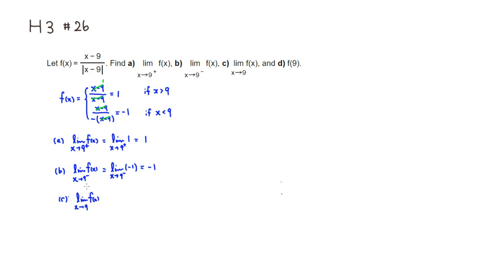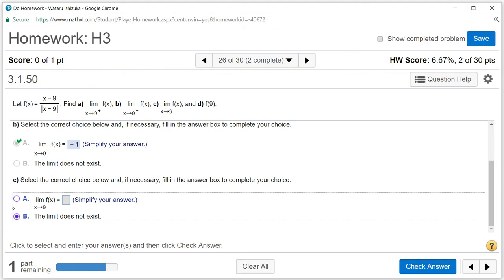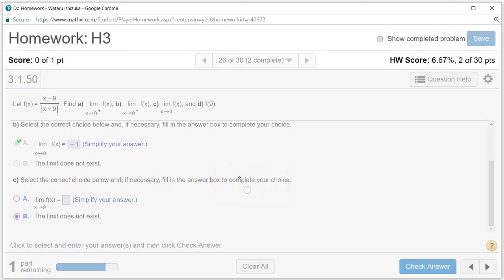In this case, the limit does not exist, since the right-hand limit does not give you the same number as the left-hand limit. In order for the two-sided limit to exist, the left-side limit and the right-side limit have to agree with each other. So the answer is does not exist. Let's check the answer. We got that.